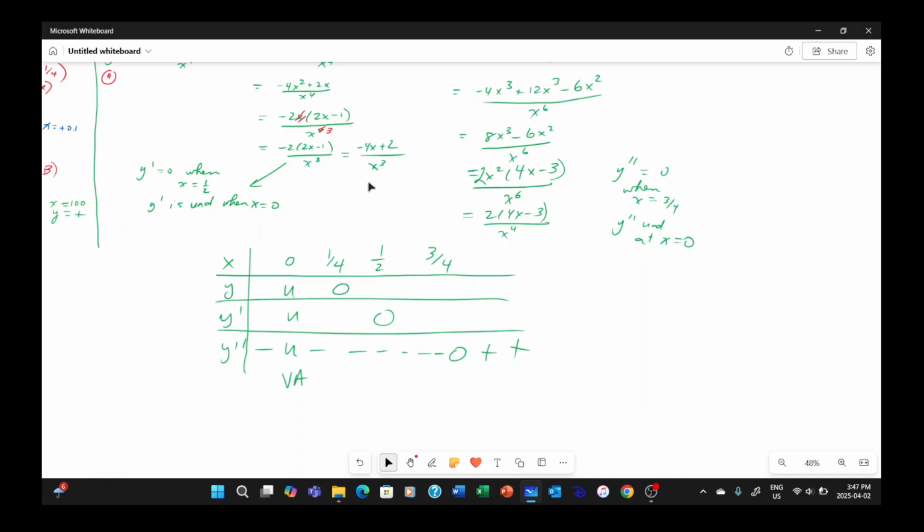For this one, notice here the bottom is not always positive, but let's put in a giant number like 100. So the bottom's positive, this term is positive, but we have a negative out in front. So this one's actually negative out here, but it switches signs at a half and it becomes positive, and it stays that way out here. If you don't believe me, let's try and put in a giant negative.